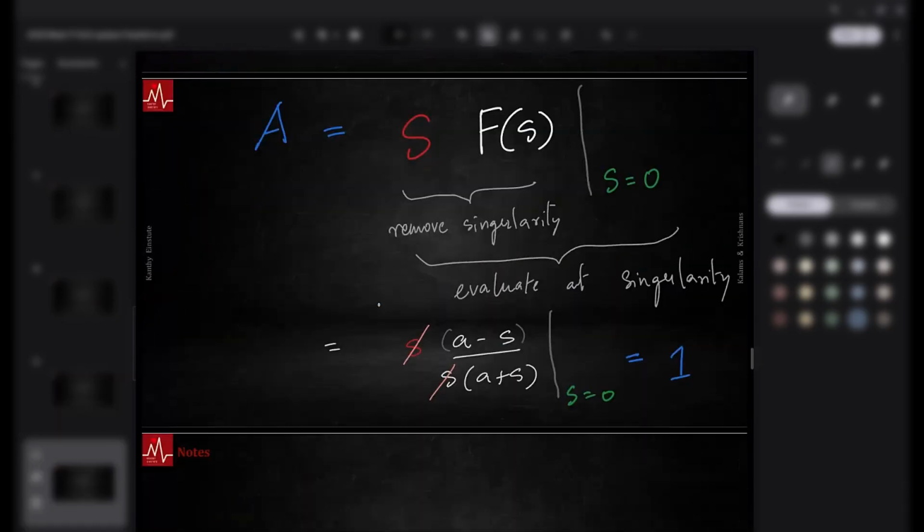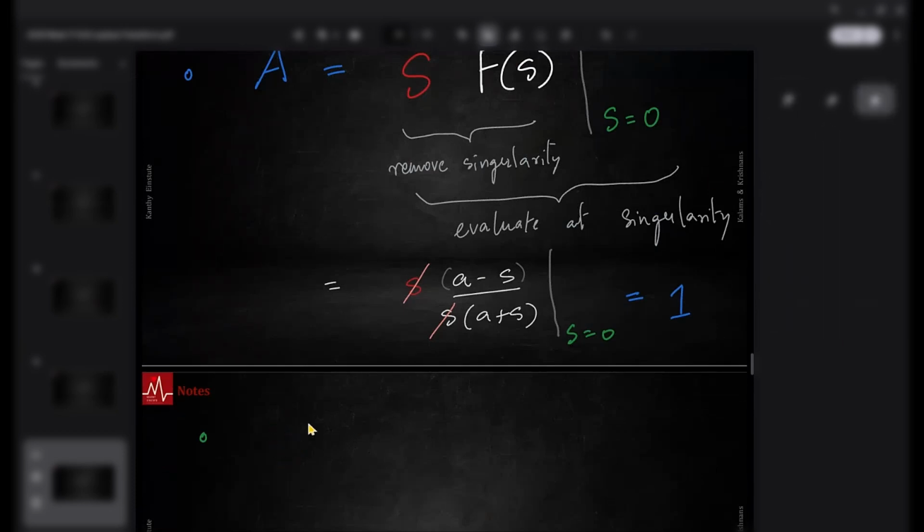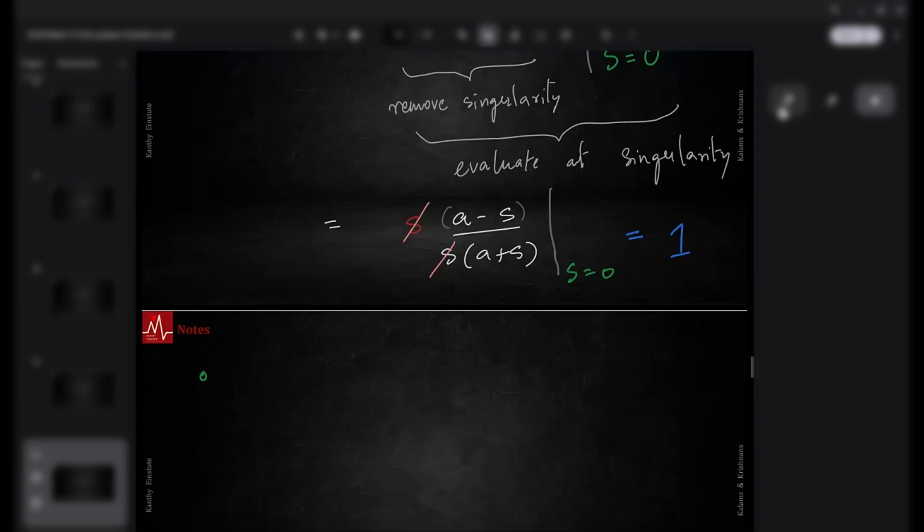Find B. Let me write down what that equation is for reference.